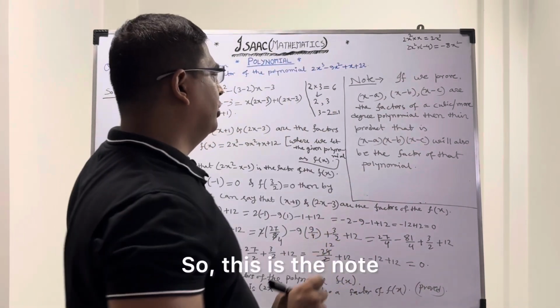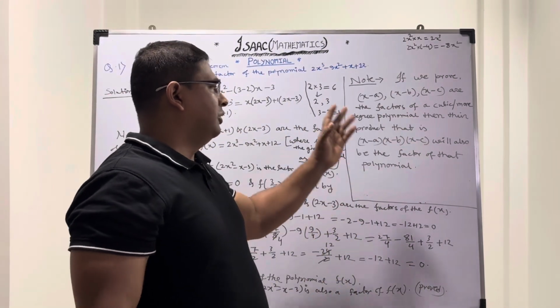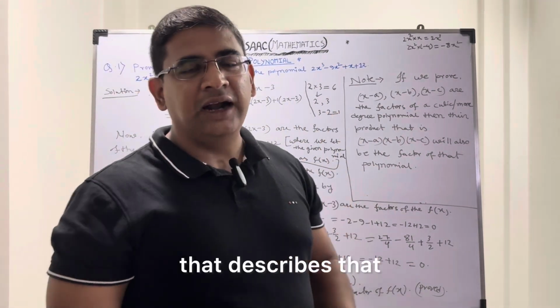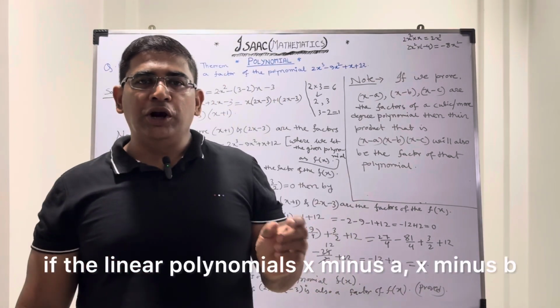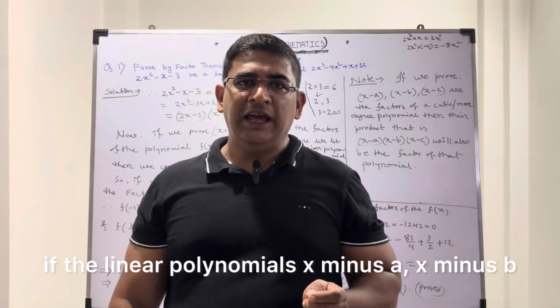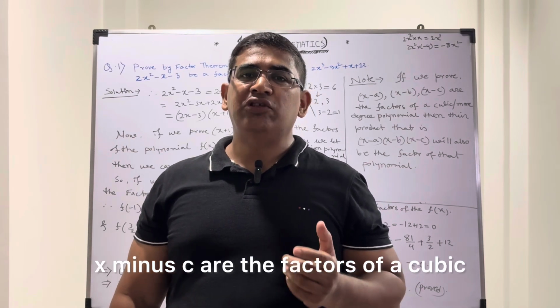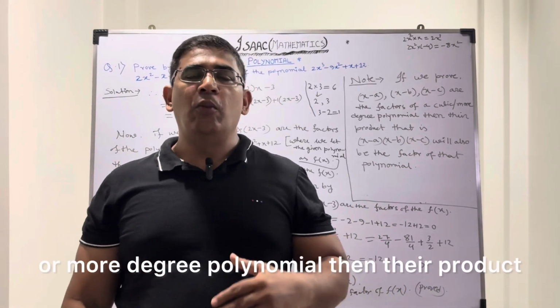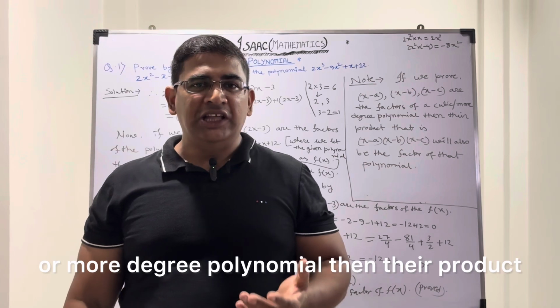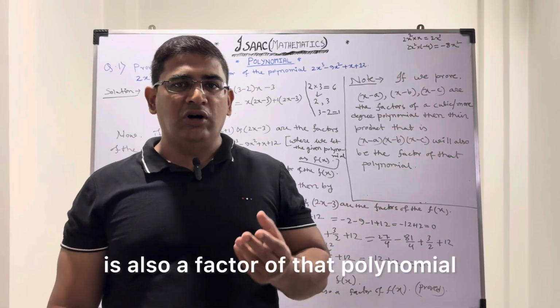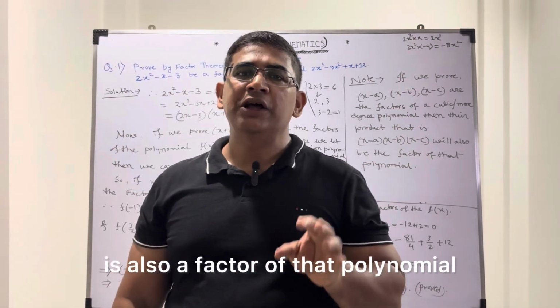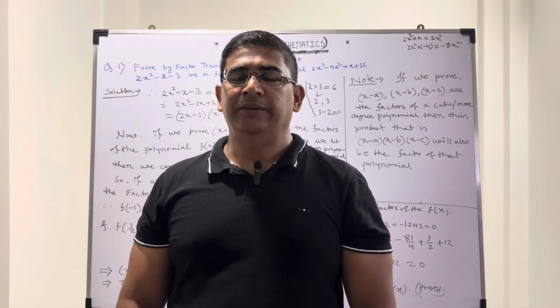Okay, so this is the note that describes that if the linear polynomials x minus a, x minus b, x minus c are the factors of a cubic or more degree polynomial, then their product is also a factor of that polynomial. Okay.